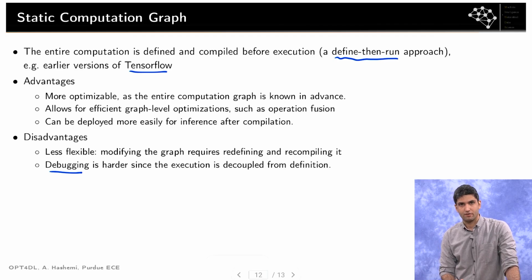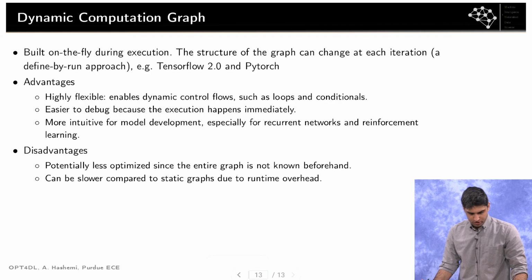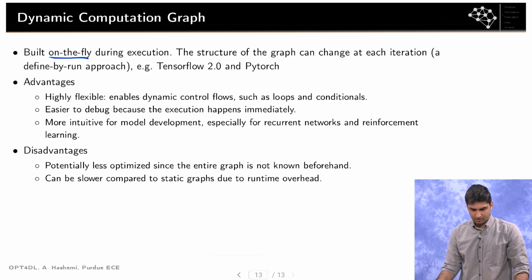This therefore leads to what we call a dynamic computation graph, to make sure we have more flexibility, and also that the debugging process is a little bit easier. In the dynamic computation graph, we are basically building the graph on the fly during the execution phase.